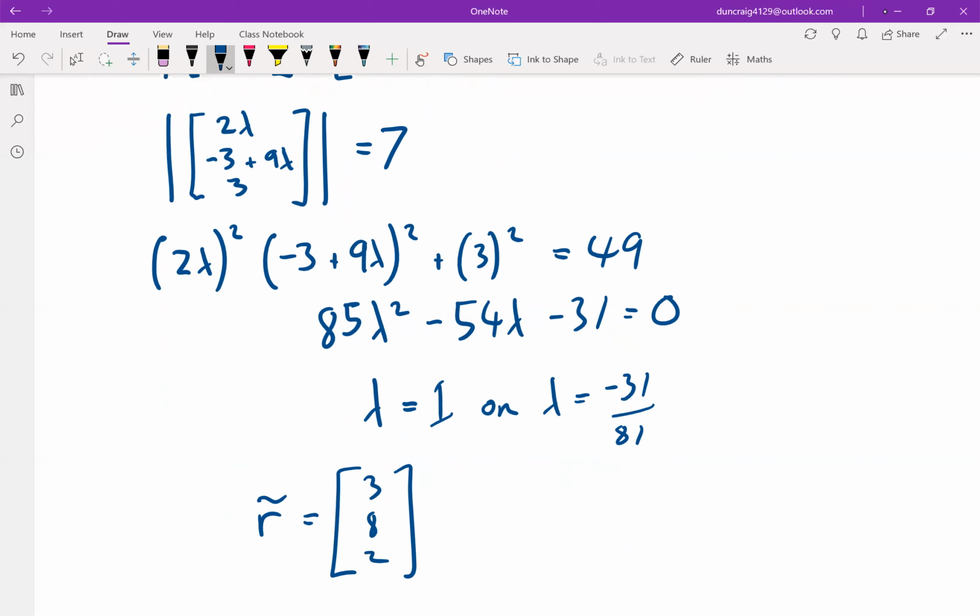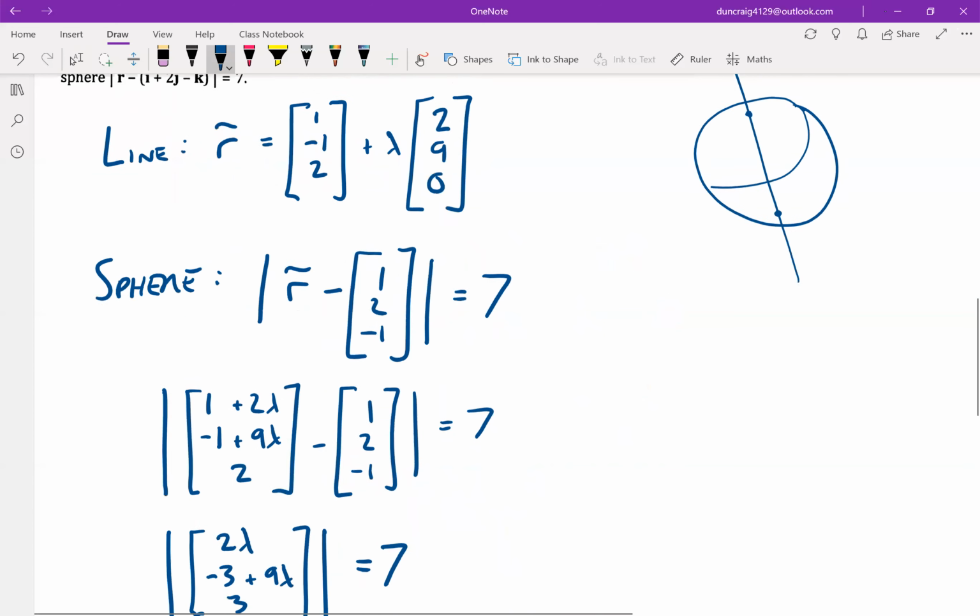And then you probably need to use a ClassPad for the other one. It'd be 23 on 85, minus 364 on 85, and 170 on 85 for that one there, which should just be 2 for the last coordinate.